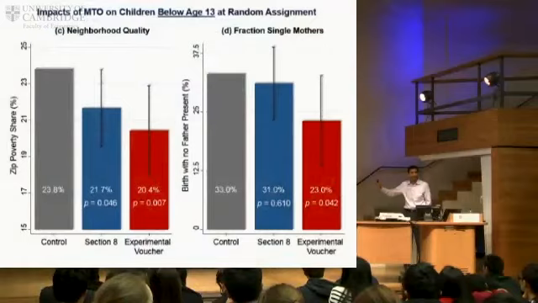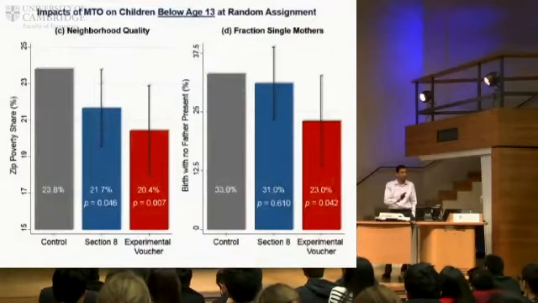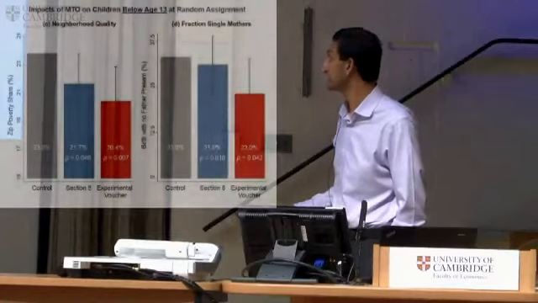So along various dimensions, you do in fact see that the Moving to Opportunity experiment and these housing voucher subsidies in particular have really substantial impacts on younger kids' long-term success.